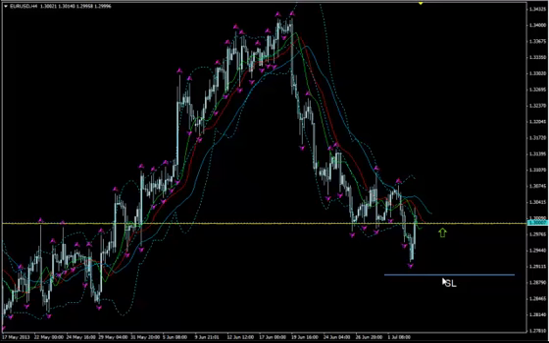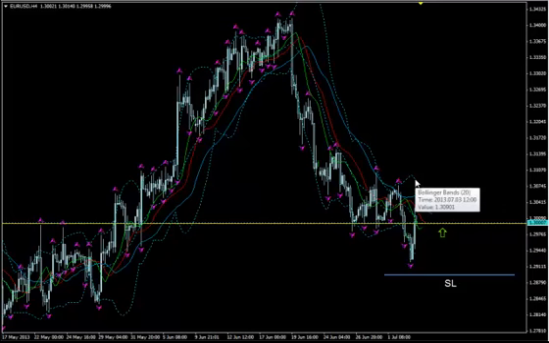Our take profit target. Well, looking at the chart, we see that theoretically the upper level, the upper border of the price action is the upper Bollinger Band.